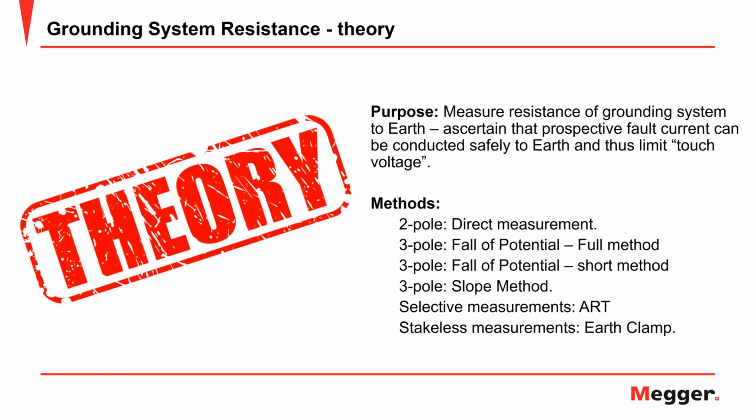We're going to take a look at 2-pole measurement and then 3-pole measurement. The slope method, we won't go into that today. That'll be treated in the future. But the slope method is a means of working in very tight environments. And then there are also some additional technologies that could be applied, the ART method and the clamp method. That's for a future webinar. We will describe those technologies in the future. Next.